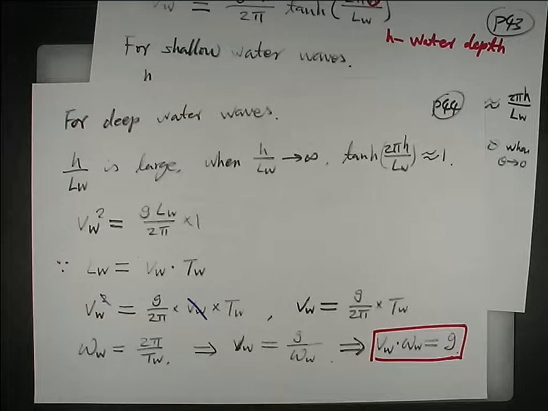So where does this relationship come from? It comes from these derivations. Okay? Any problem? Understand? Okay. So this is the review of basic wave theory.